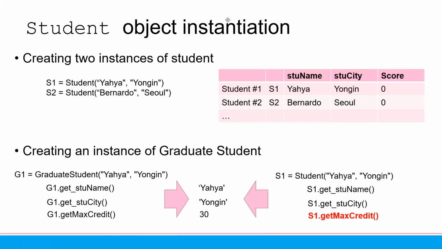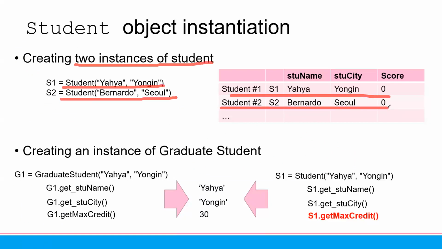If you are creating instances of student, if you just create the student, then it just has the information about the student. But if you create an instance of graduate student, then you can access the information about the maximum credit and you can access any function in the graduate student.